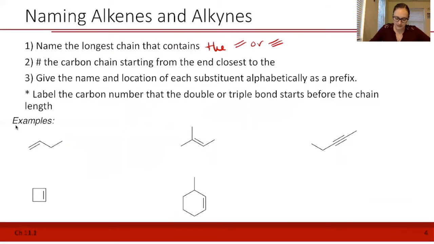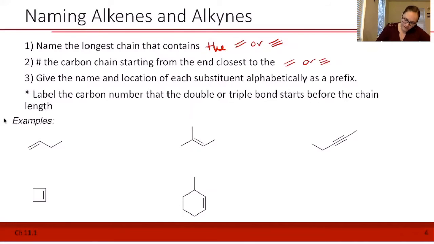Then number 2 is to number the carbon chain starting from the end closest to the double bond or triple bond. And then number 3 is give a name and location for each substituent alphabetically as a prefix. So that stays the same as what we had done before. Then it has a little star here: label the carbon number that the double or triple bond starts at before the chain length. So I'll give you some examples of that in just a moment.